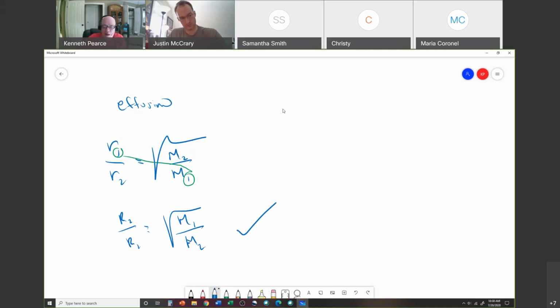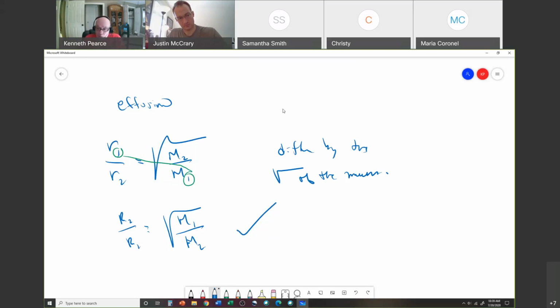What does matter is that they differ by the square root of the masses. They differ by the square root of the masses. And so something heavy is going to move slower, and it's going to effuse out slower, and something lighter is going to effuse out faster.